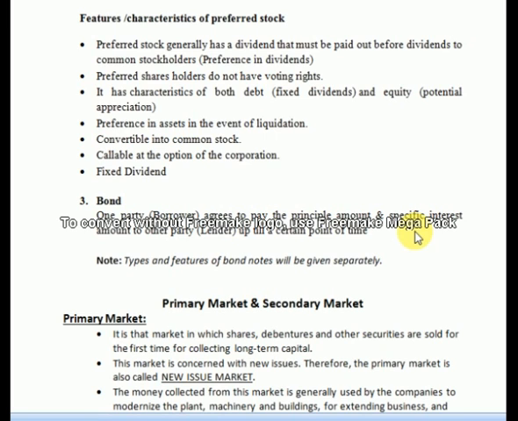The conversion rate is typically on a 1:1 basis. It means that, let's suppose you have 100 preferred stock, then 100 preferred stock will be converted to 100 common stock.